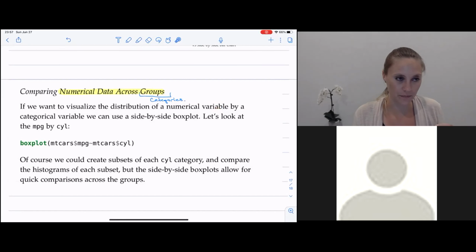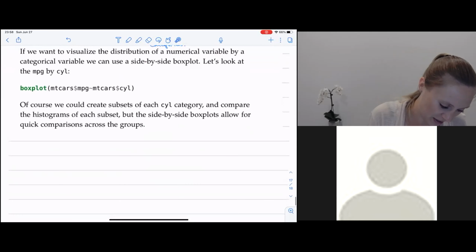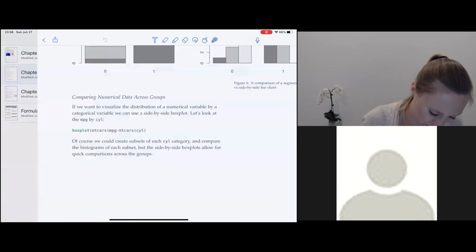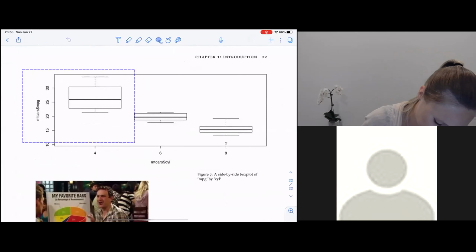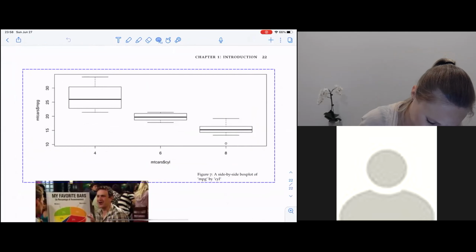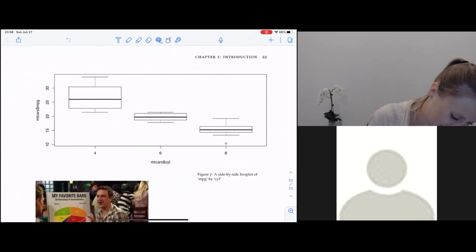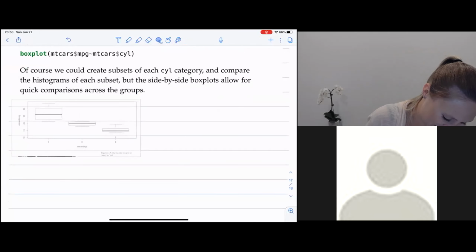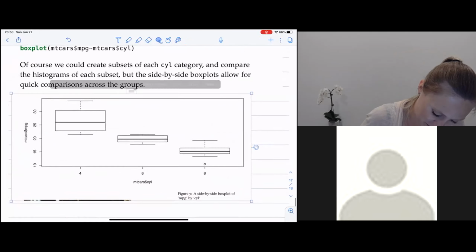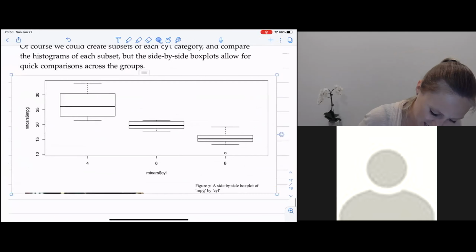Let's look at the miles per gallon by the cylinders. So if we make a box plot of the miles per gallon by the cylinders, what it ends up looking like is this. But first I want to talk about this.